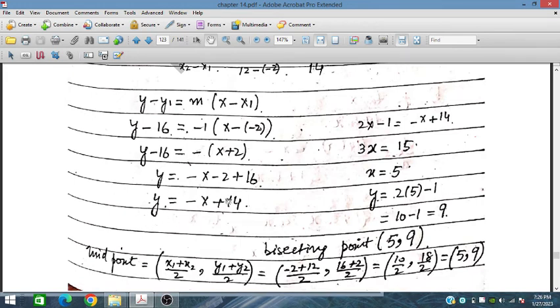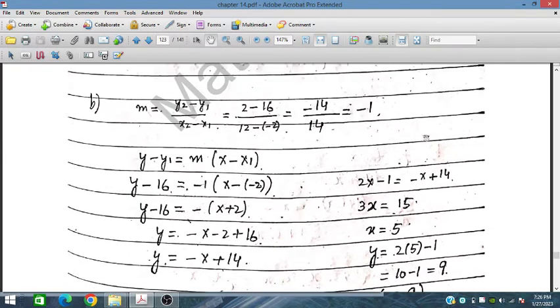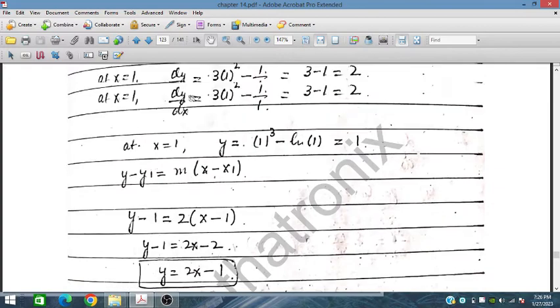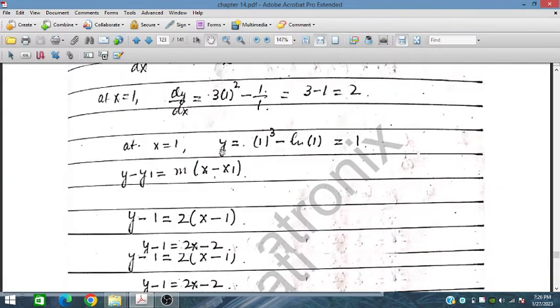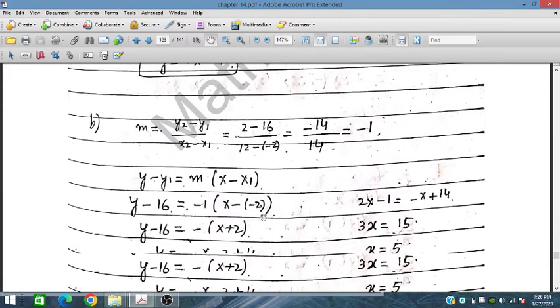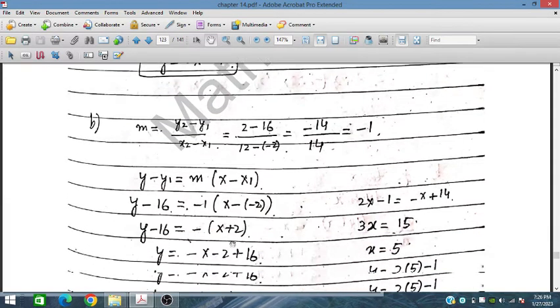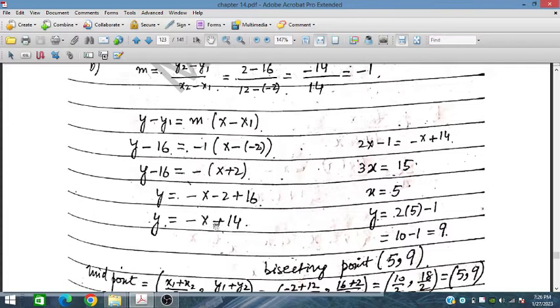From this equation and from this curve, the tangent, which is 2x minus 1. So this is x minus 14, and this is the tangent.